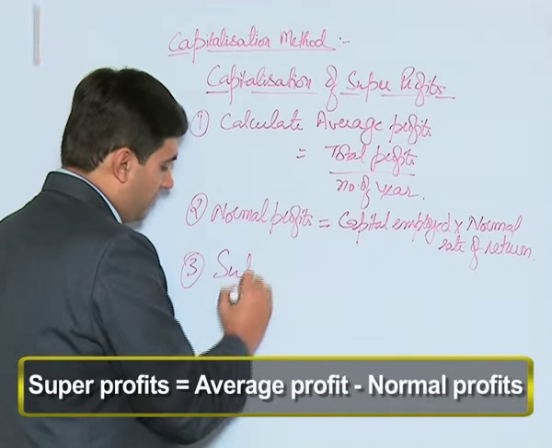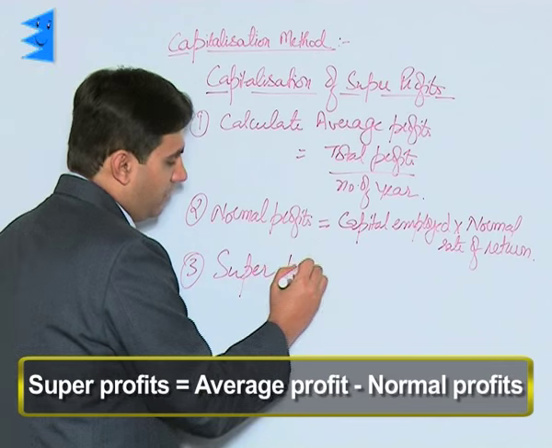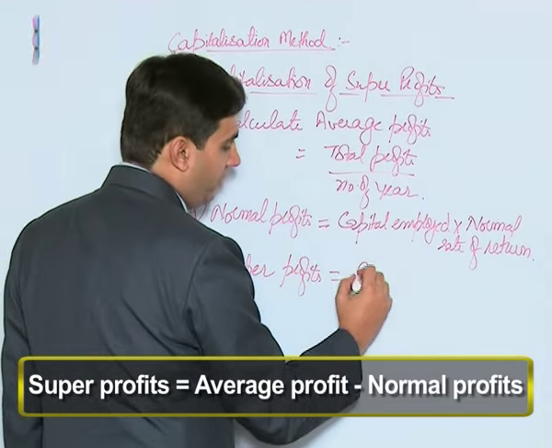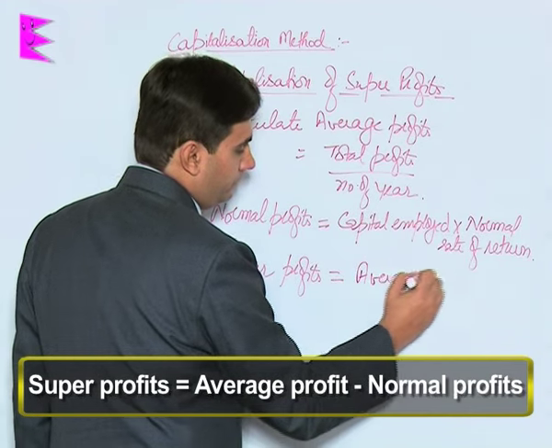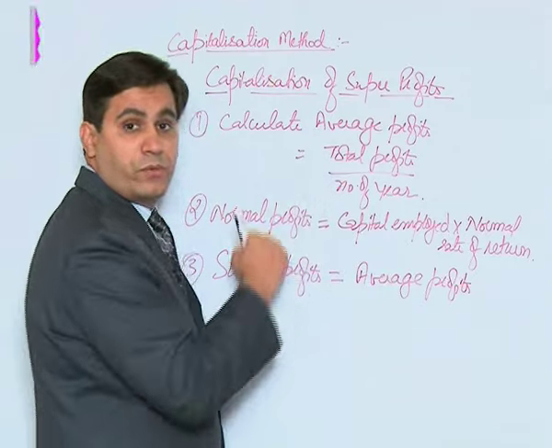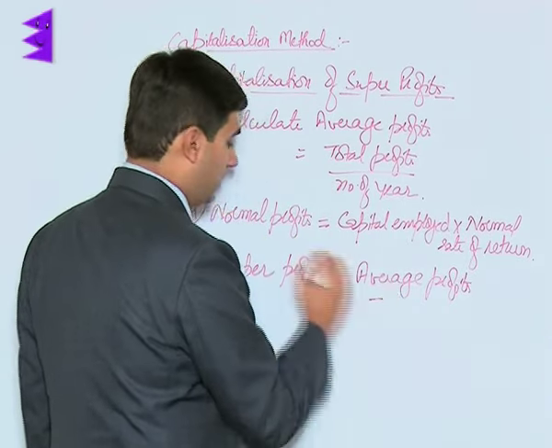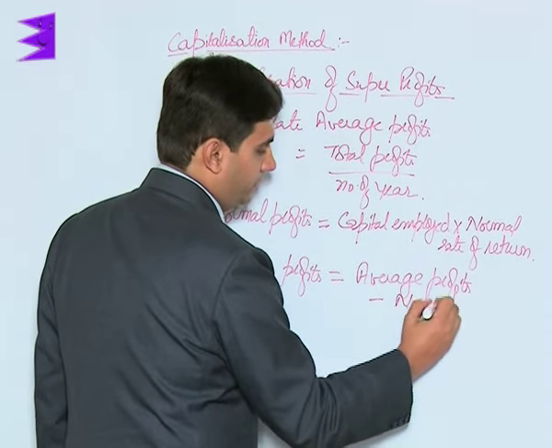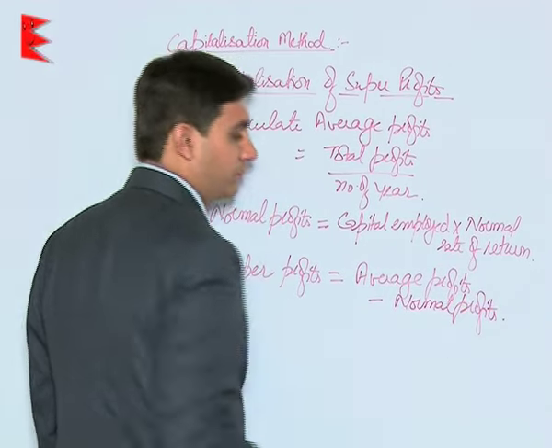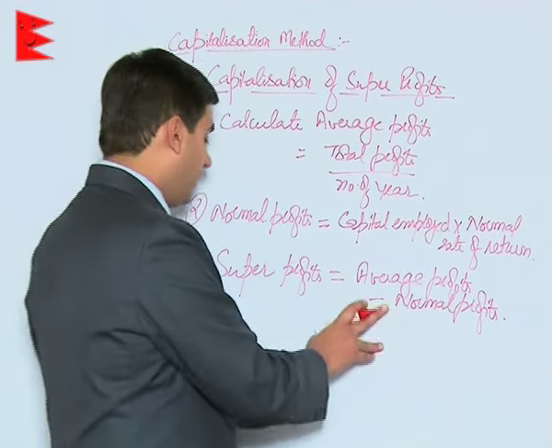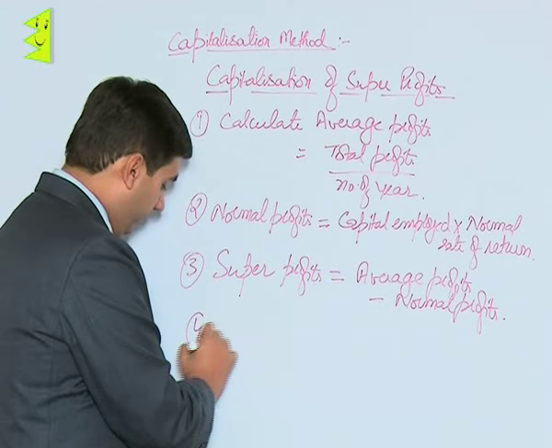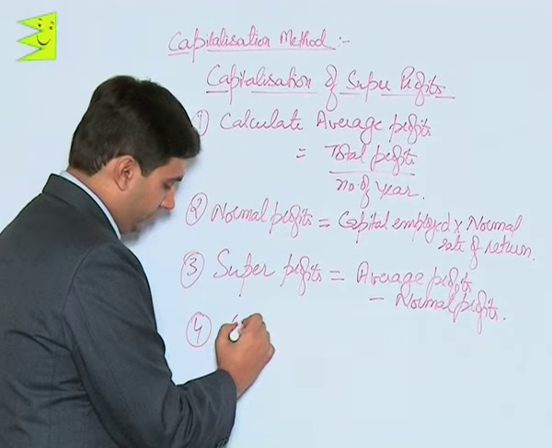Super profits would be equal to actual average profits as calculated in step 1 minus normal profits. The difference of these two would be super profits. Then the goodwill of the firm.